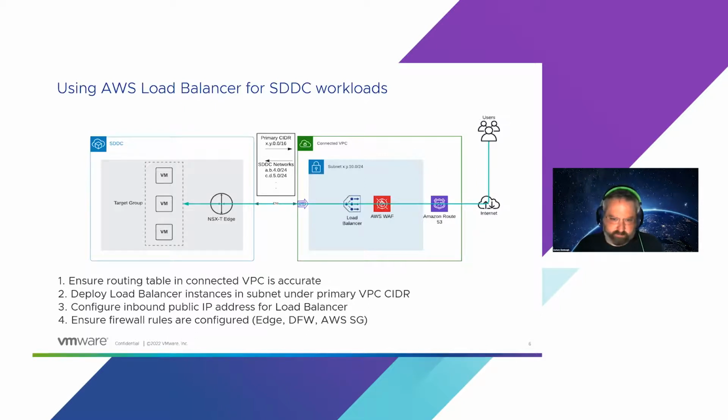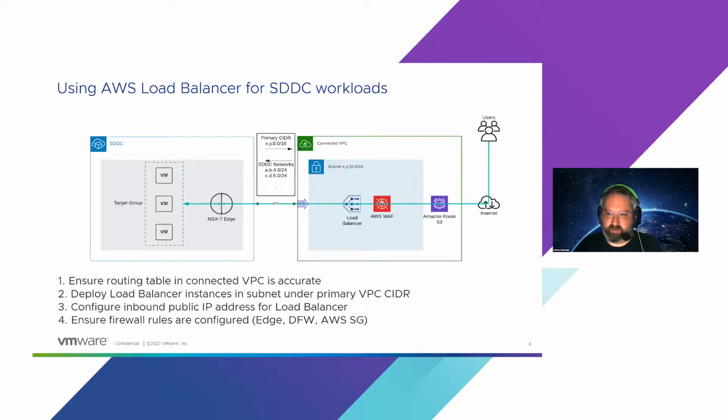In this scenario, in this diagram, you can see the VMs in the SDDC are part of the pool for the load balancer. And you can also use a lot of other services associated with networking or load balancing.